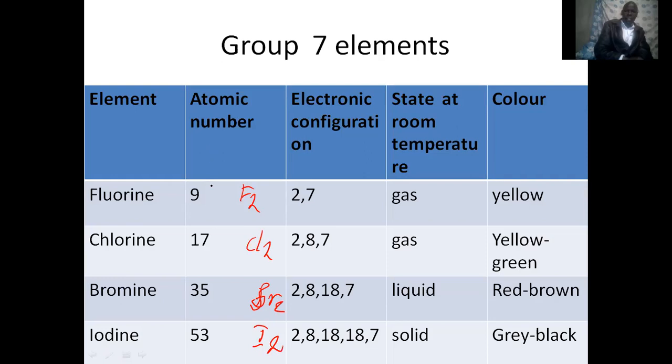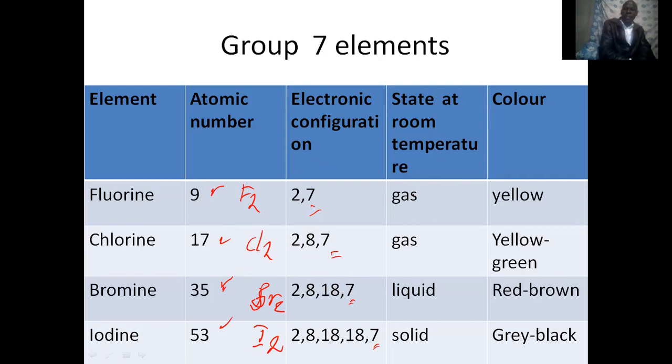The atomic number we have seen here, this one is 17. And we wrote the electronic configuration for 2 of these to show that there are 7 electrons in the outermost shell, which are the valence electrons. And the valence itself is 1 because all of them have to gain 1 electron to attain stability.